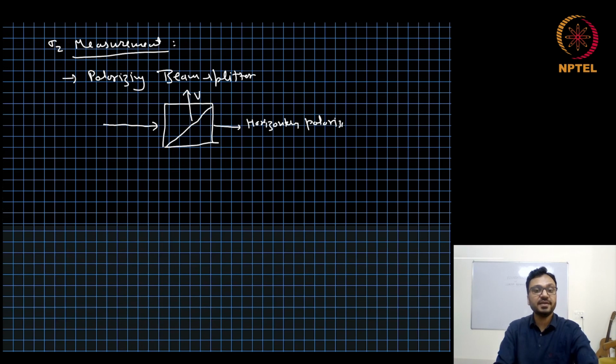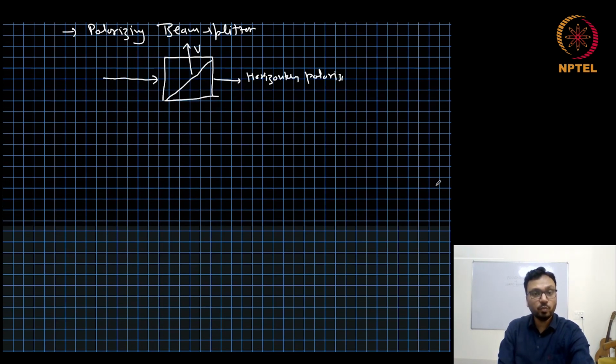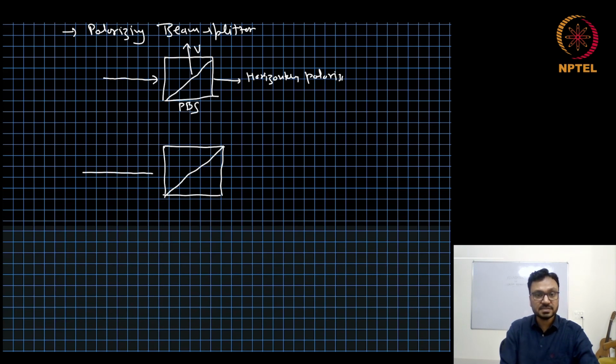Horizontal will pass through and vertical will reflect. So we can use this polarizing beam splitter to do our sigma z measurement. We have a box, a polarizing beam splitter. We send photons in state psi, and we put detectors here and here.